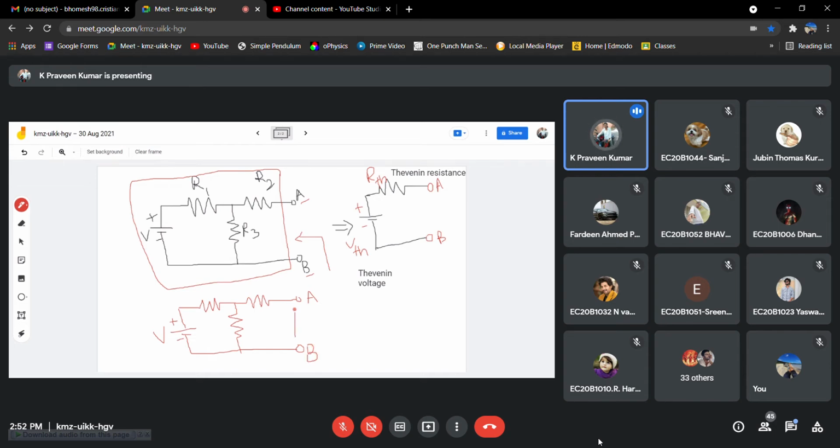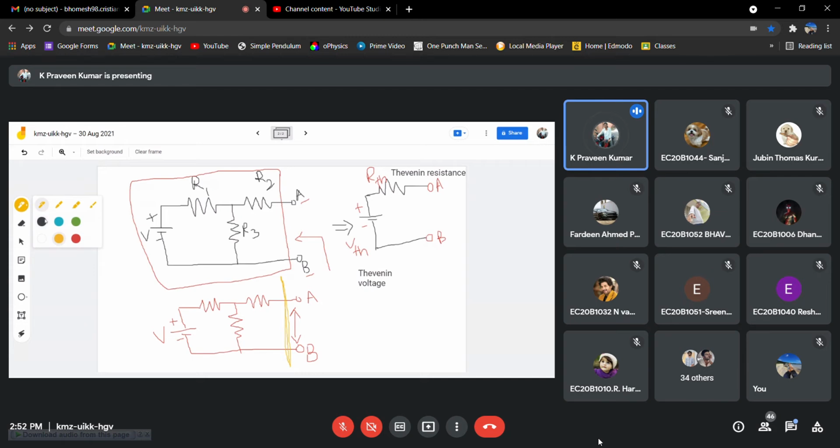Where you want to replace the circuit with the Thevenin equivalent, first we need to decide, right? Here I want to replace this entire network across the terminals A and B. So across these terminals A and B, I want to replace this entire circuit with a Thevenin equivalent circuit.